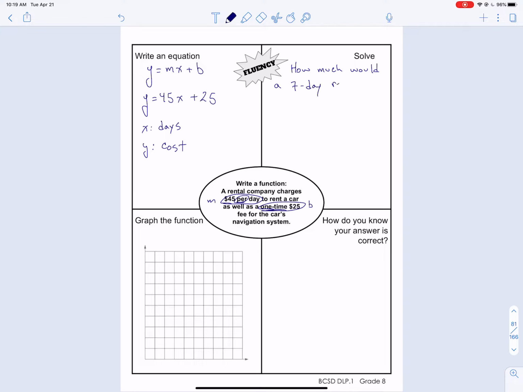So 7 days, use the same equation, y equals 45, but x is days, and we know it's 7. Okay, and then we just multiply 45 times 7. We get 315, and then we have to add the $25 for the navigation, and we get $340, and that's for 7 days of renting that car.